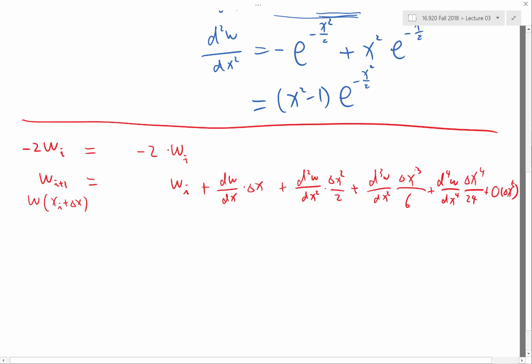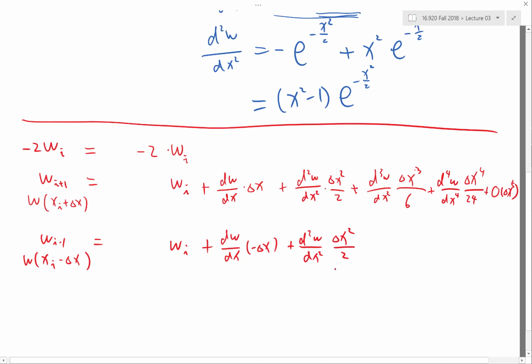And w_{i-1} is shorthand for w at x_i minus delta x. It is expanded the same way, except all the delta x's are replaced by minus delta x. I'm just going to skip writing out all the derivatives.